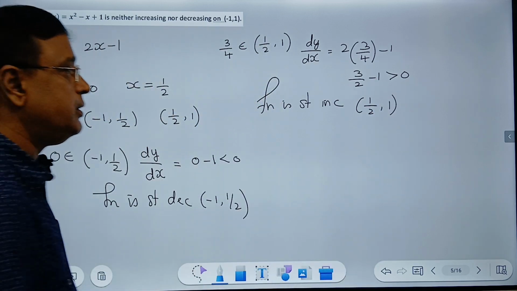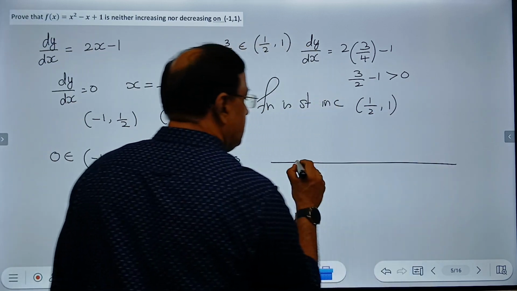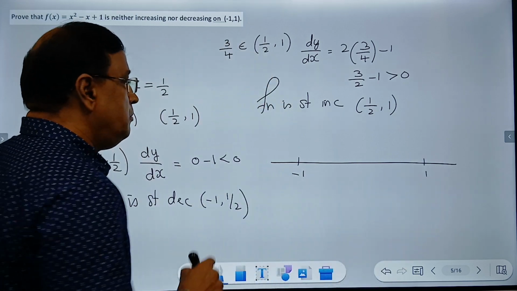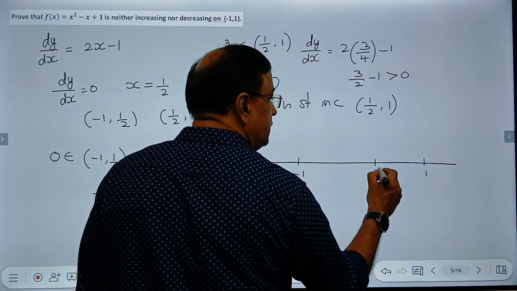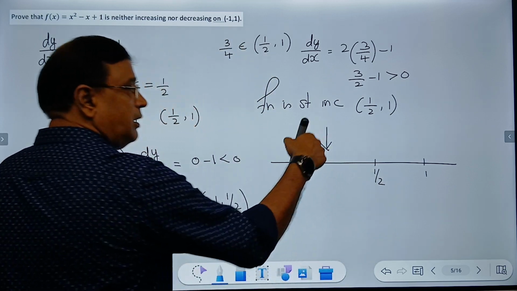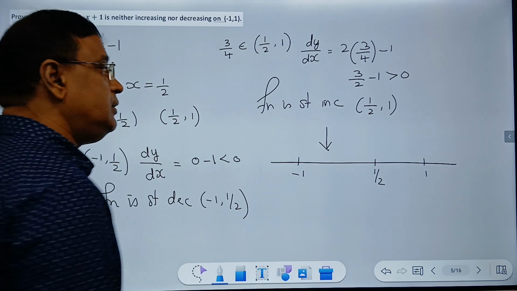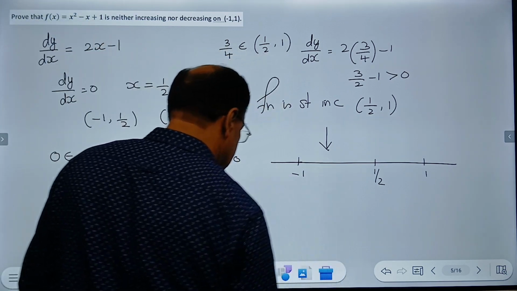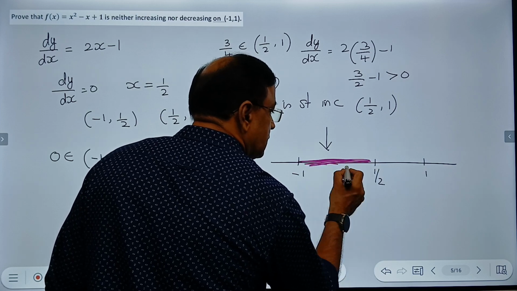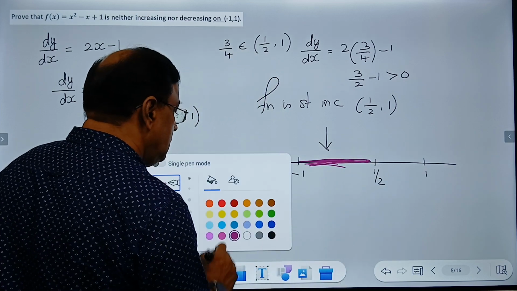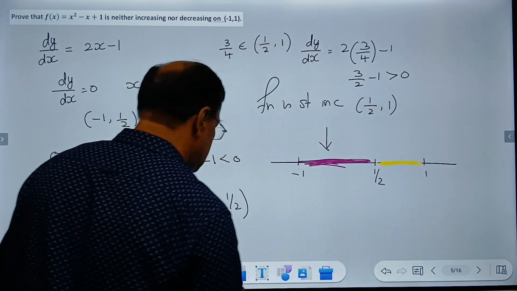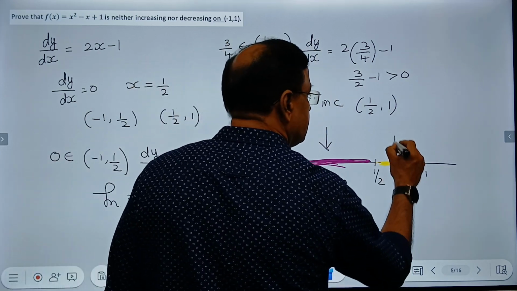Now what is the problem here? The problem is I have the interval say minus 1 to 1. Now minus 1 to half, the function is decreasing. I use the symbol for decreasing. And from half to 1, the function is increasing.